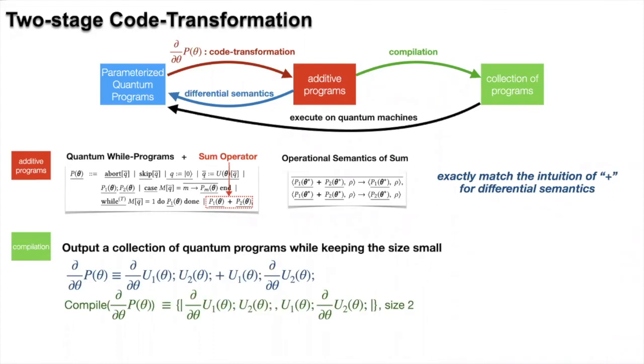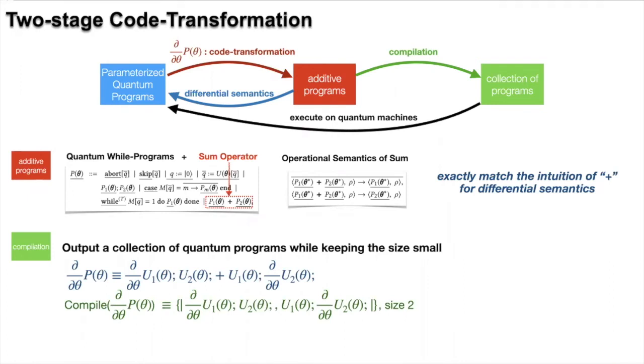Take our previous example, partial p partial theta now has actual meaning because we define the sum operation now. It means, in particular, we have either-or choices. If we compile them, it will return exactly those branches and give you a size 2 collection of programs.